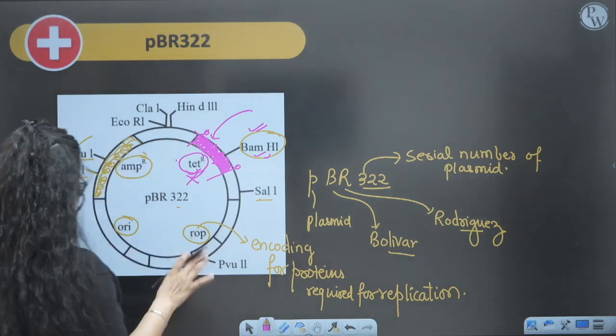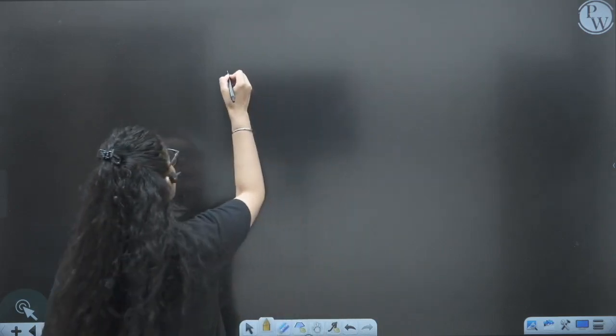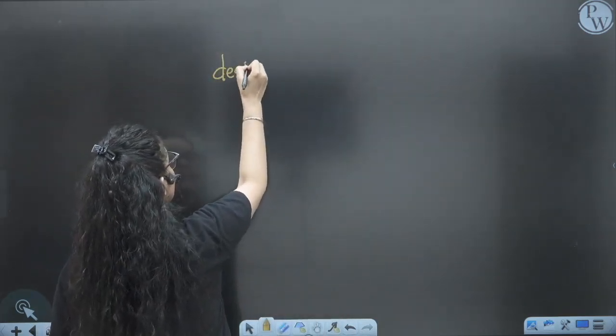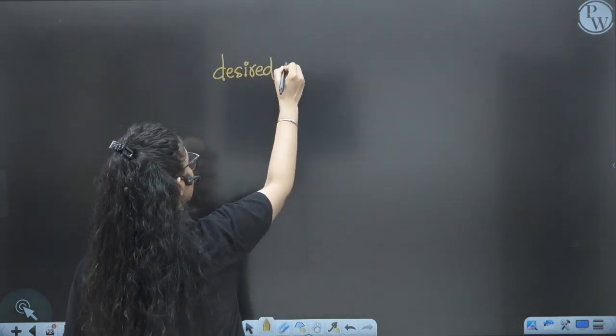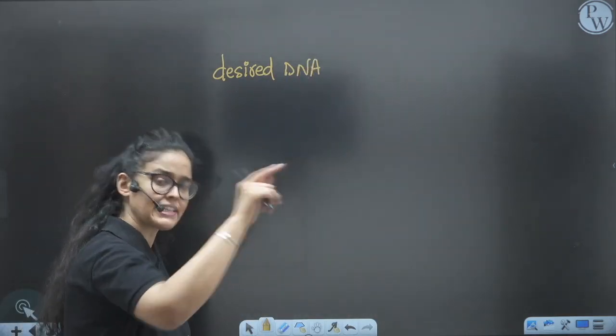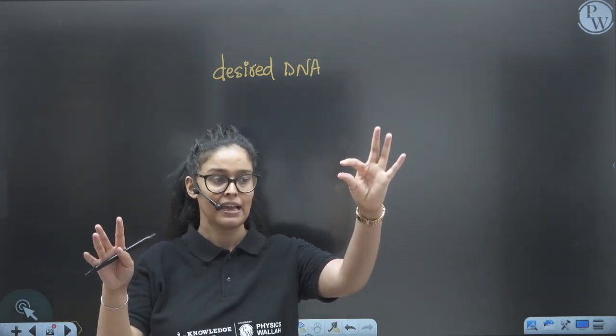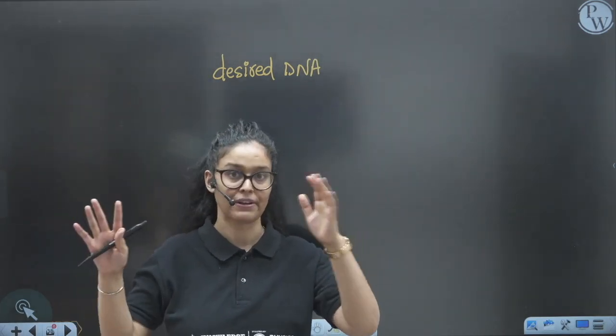So let's see what will happen. Suppose the desired DNA is cut with BamHI, and obviously the plasmid pBR322 we also cut with BamHI, because the same restriction enzyme is used to cut the gene of interest and the plasmid vector, right?